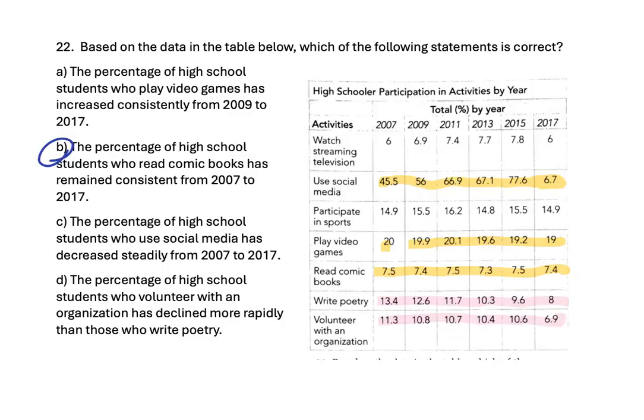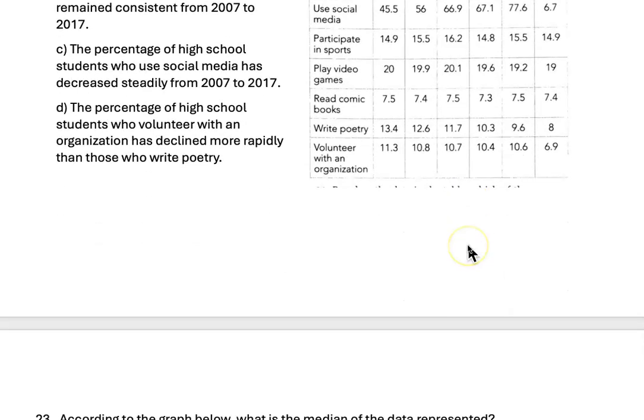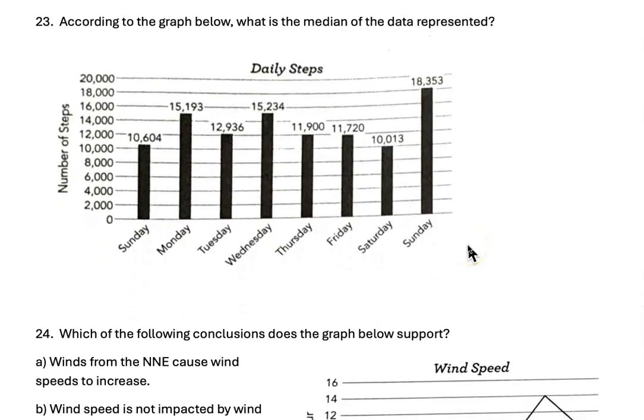Okay. Moving on to our next question. According to the graph below, what is the median of the data represented? In this one, we need to know what all the data is, and that's these numbers at the top of the bars.